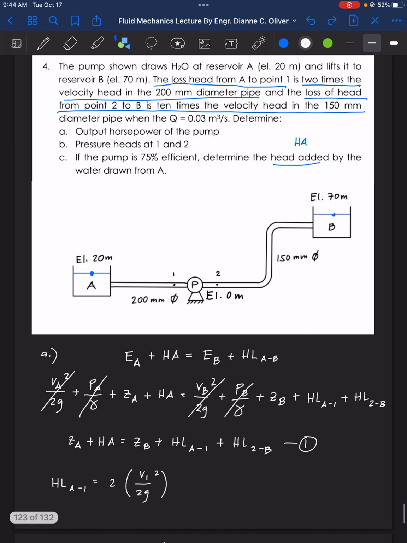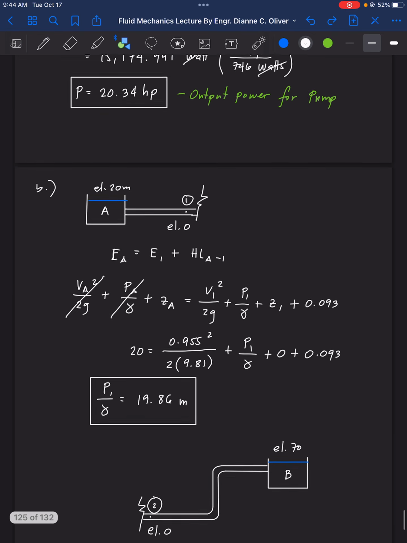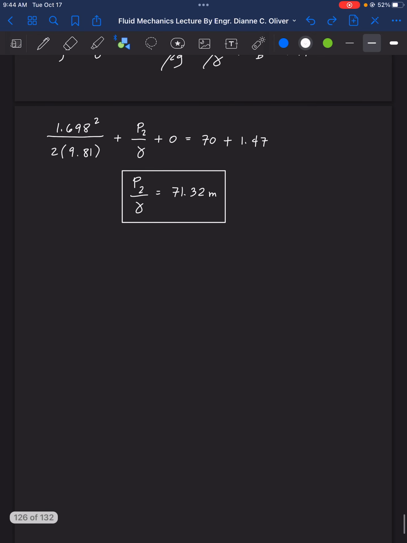So this is letter C. We're looking for PI. Again, efficiency is equal to PO over PI, power output over power input, 75%. And then our power output is 15.17.